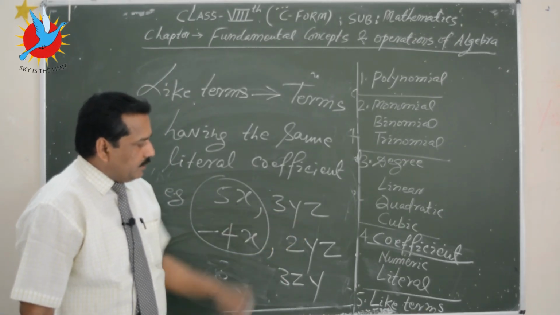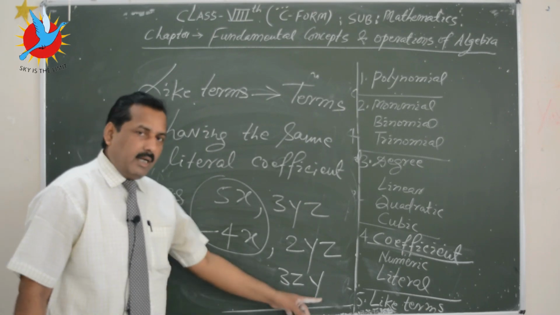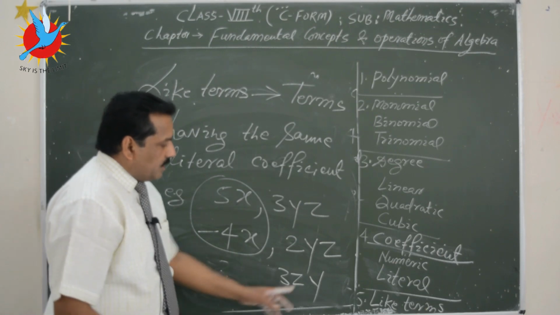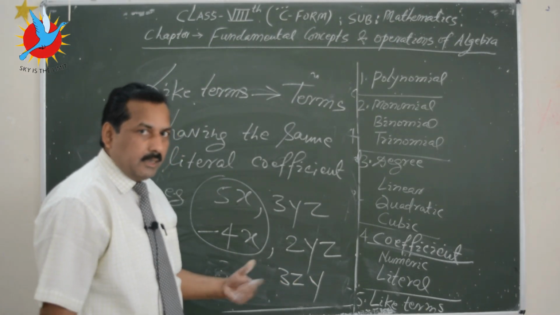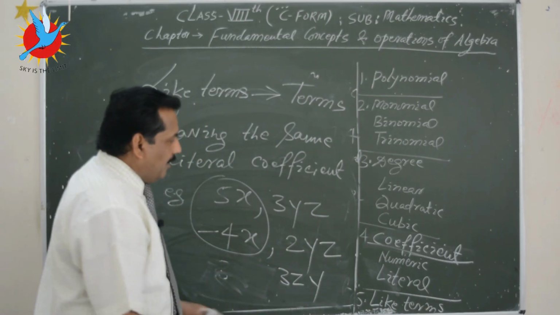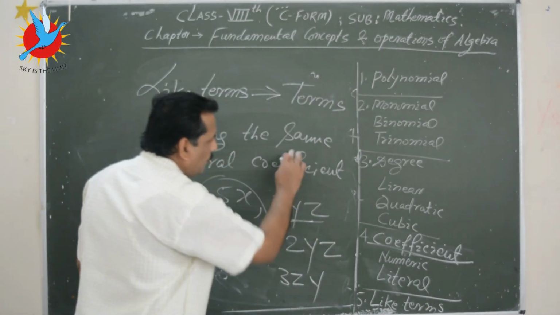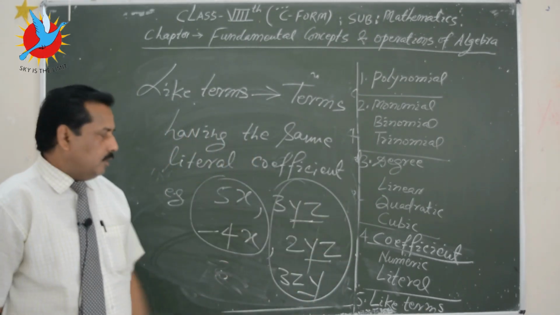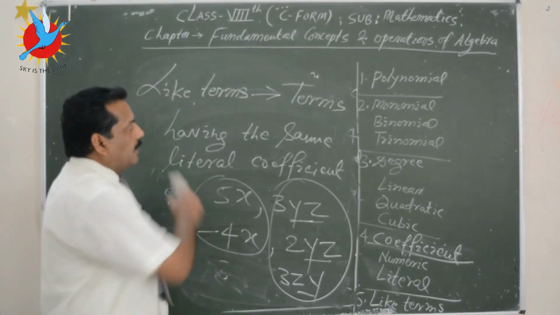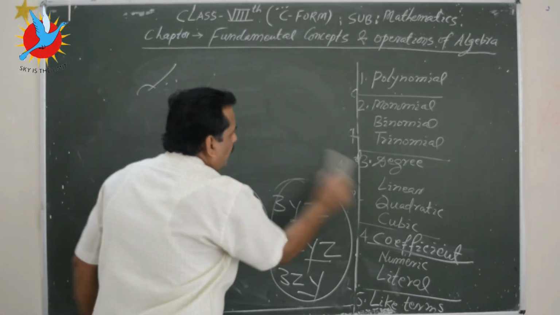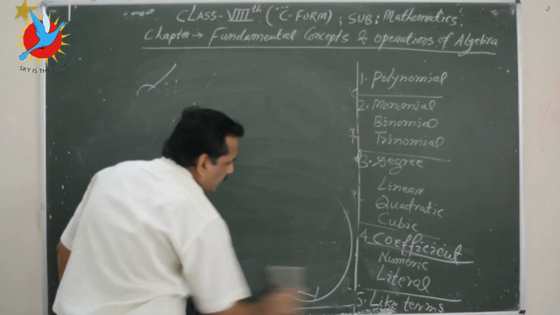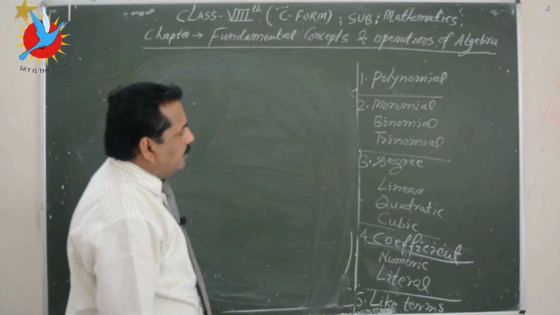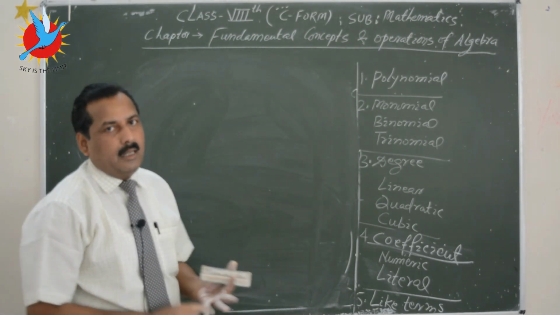The literal coefficient is yz, and zy or yz both are the same. This order doesn't matter because there is multiplication. So 2 into 3 is equal to 3 into 2. So we can conclude that the literal coefficient is the same, and therefore these three terms are like terms. So we can identify like terms, and at this stage we can identify algebraic expressions. I am just giving you a brief idea. Let us recapitulate. We have done algebraic expressions.